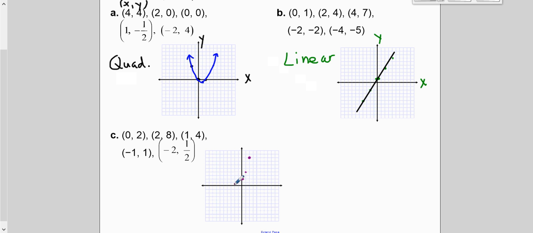So if we trace these and connect them from left to right, it was going up slightly and then steeper and steeper and steeper, and the line keeps getting steeper. That is an exponential function.